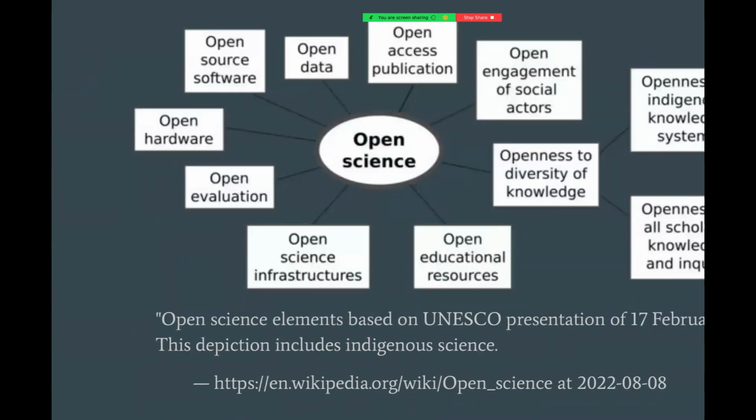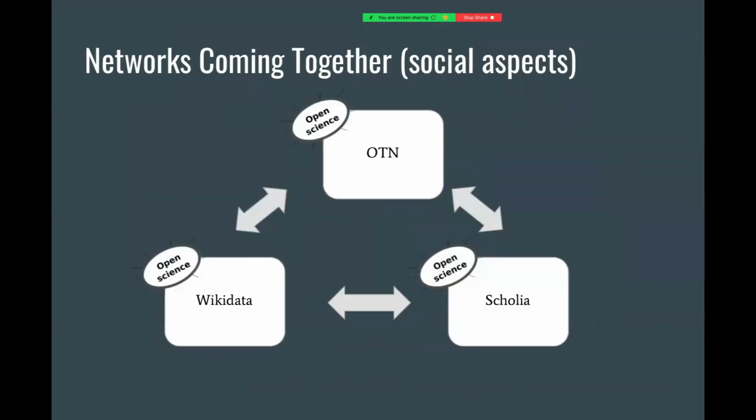This is one of the things that we saw as overlap: open science. There are a lot of aspects to open science: open source software, open data, open access publications, et cetera. Looking at the overlap, it's something we all have in common. The OTN, the Open Trait Network, is an advocate for open science, and you'll find a lot of advocates in Wikidata and Scholia also.